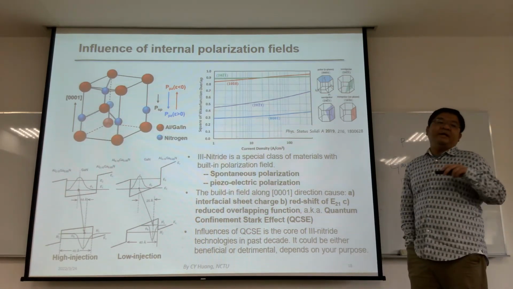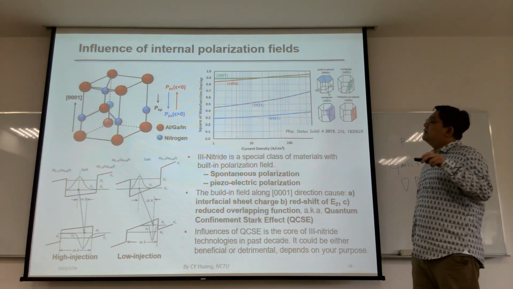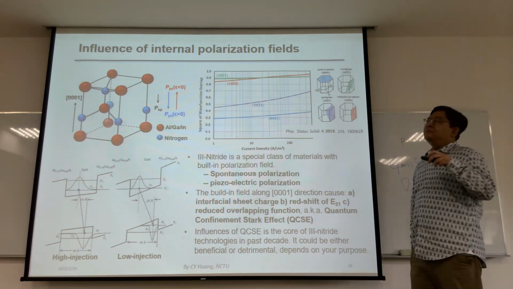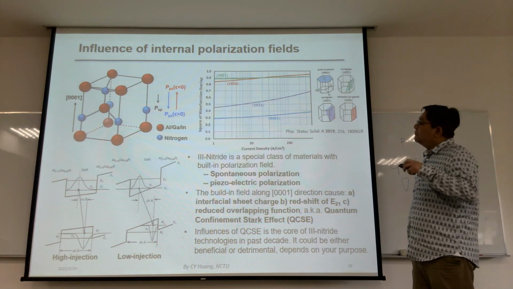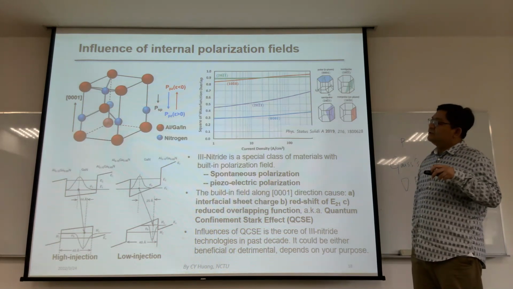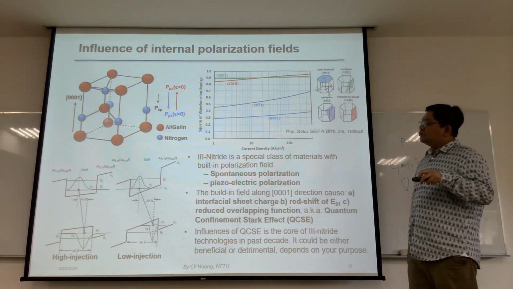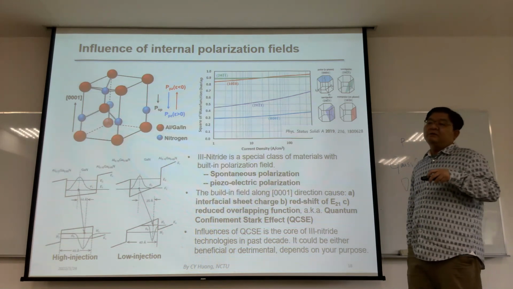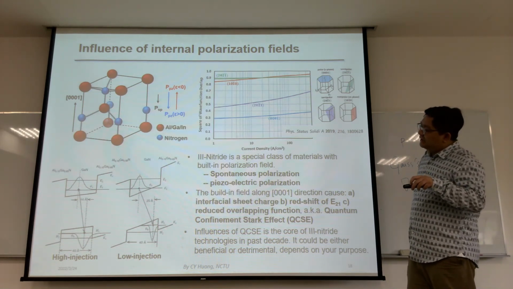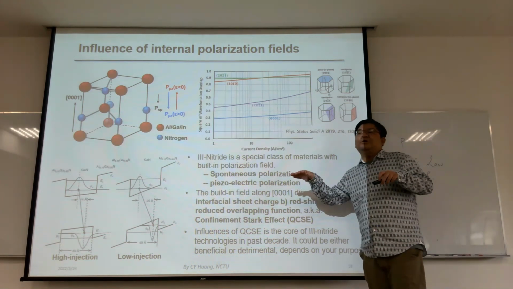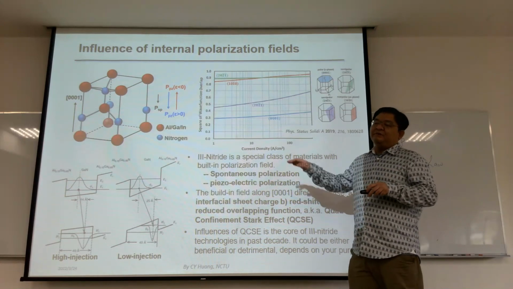So this also makes gallium nitride a difficult material for making lasers. But fortunately, now, as long as the quality is good enough, this should not be a problem. It does make ultra-low threshold very difficult.